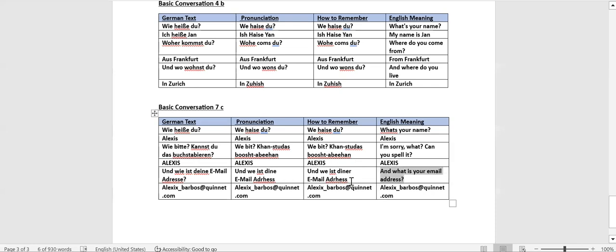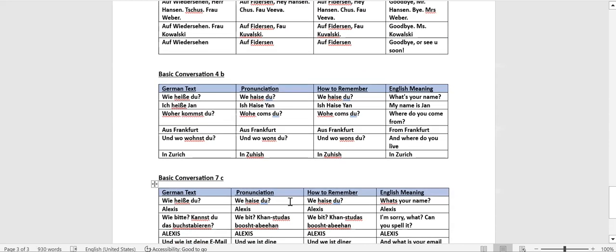Und wie ist deine E-Mail-Adresse? What is your email address? So this person responded with his email address. It has been spelled as normal as English. So he's just giving his email address.